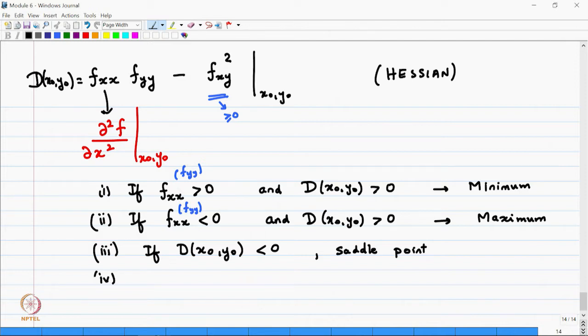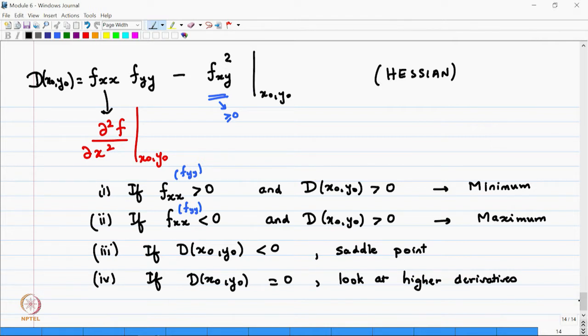The fourth case is if D(x0, y0) is equal to 0, then we have to look at higher derivatives.